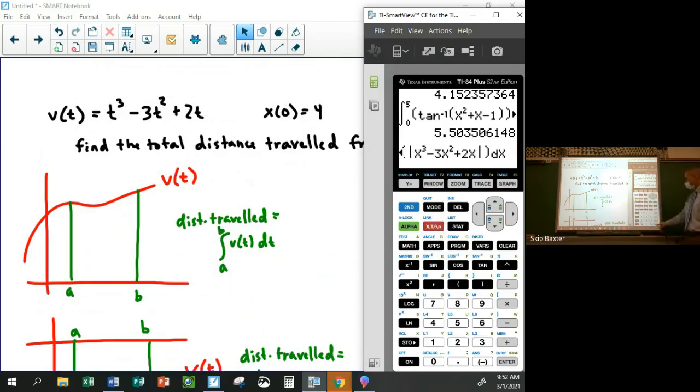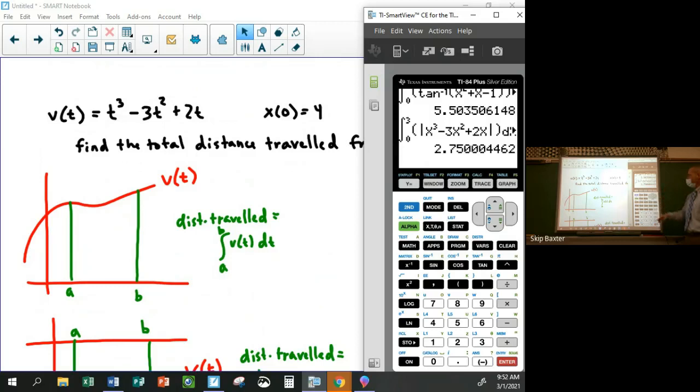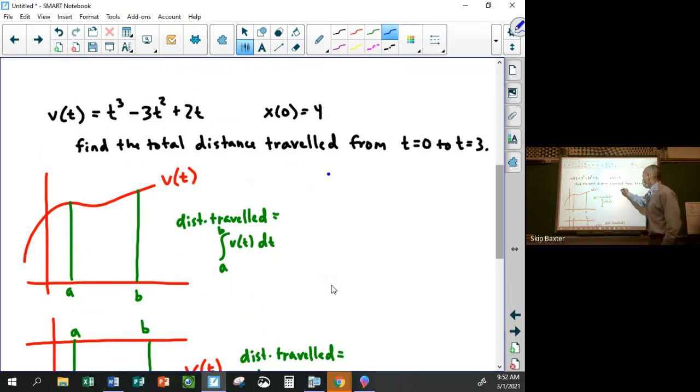This would be the best way to do it if I had a calculator. So the integral from 0 to 3 of the absolute value of v of t dt is 2.750. That's the best way to do it.